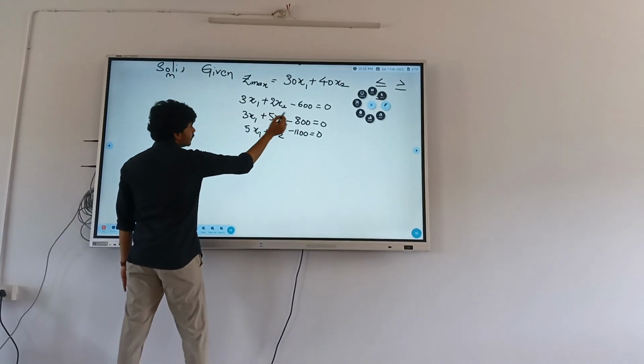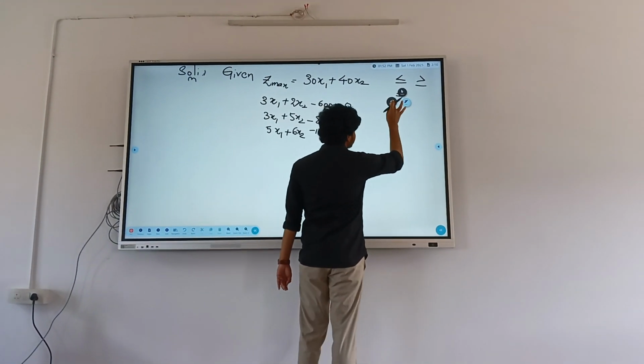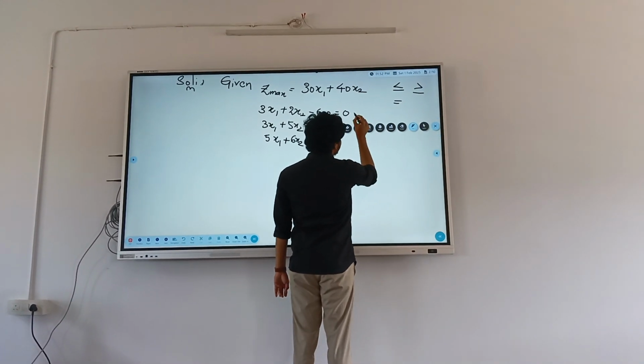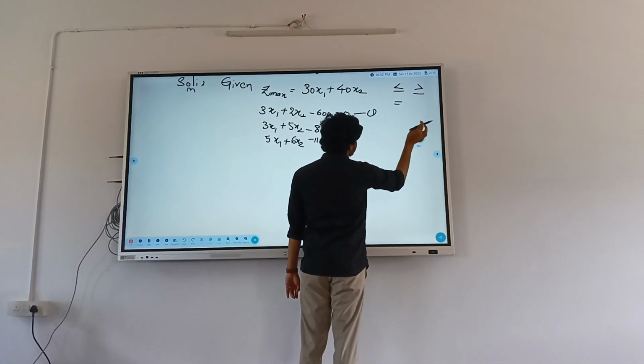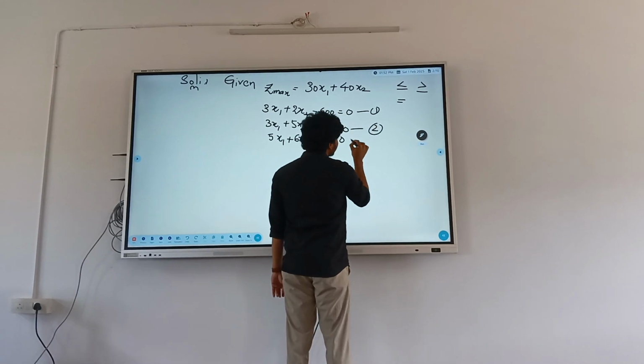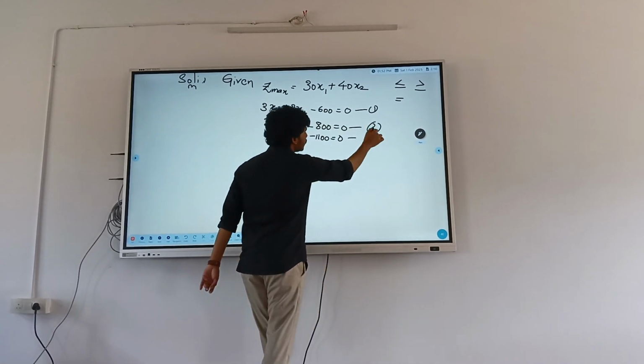We consider these as the first, second and third equations.